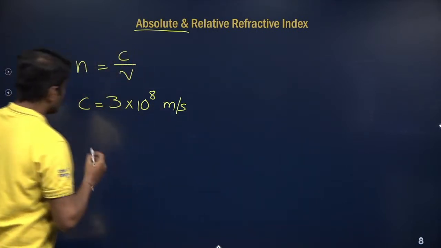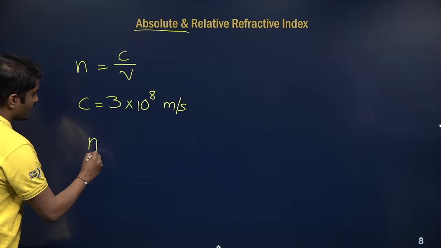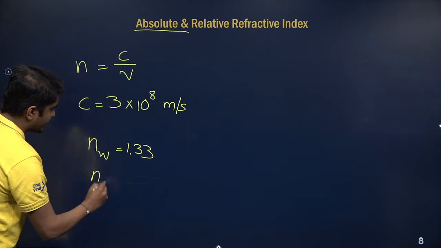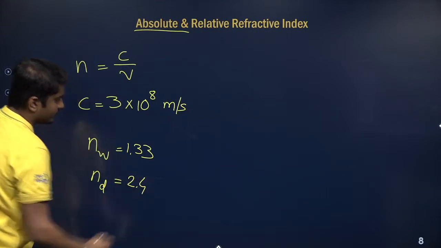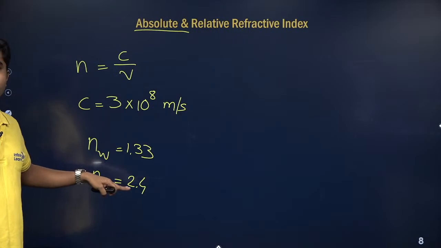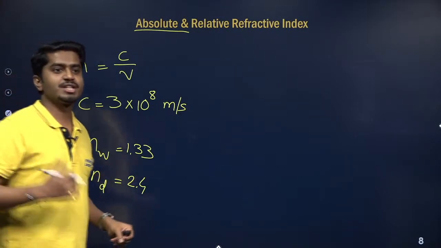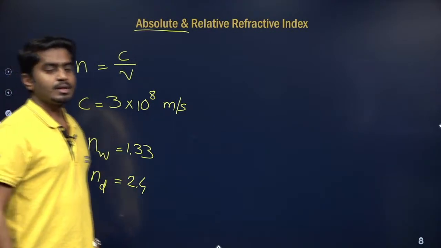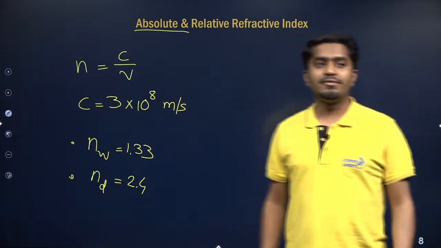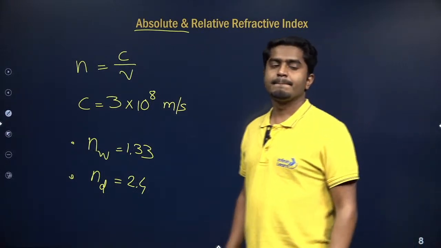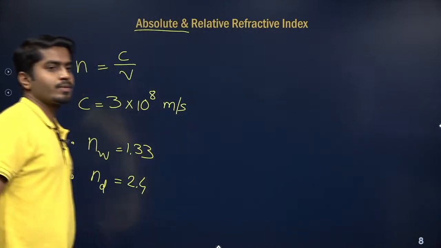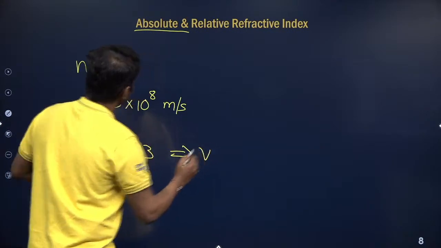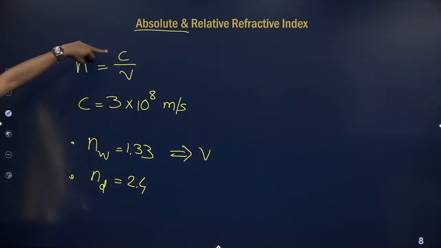So let's suppose I give you two media: n for water is 1.3 and n for diamond is 2.4. In which medium will light travel faster, water or diamond? You see this relationship here: c is a constant.